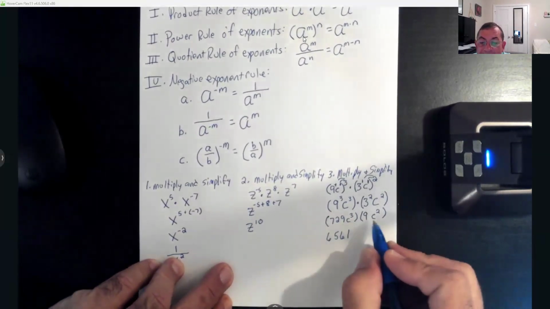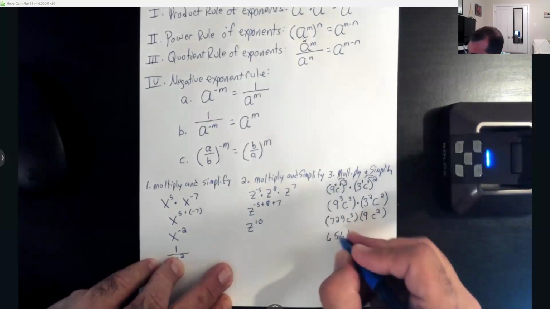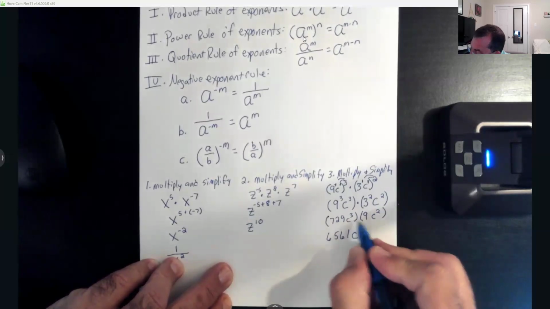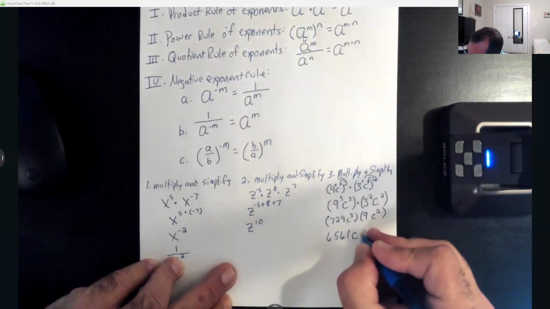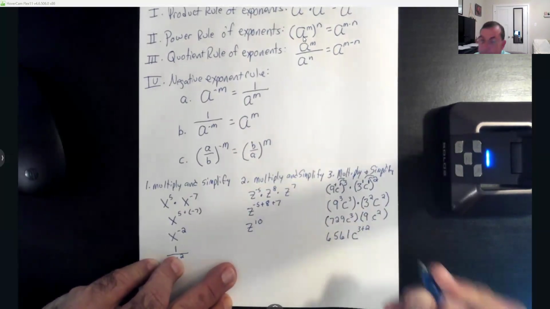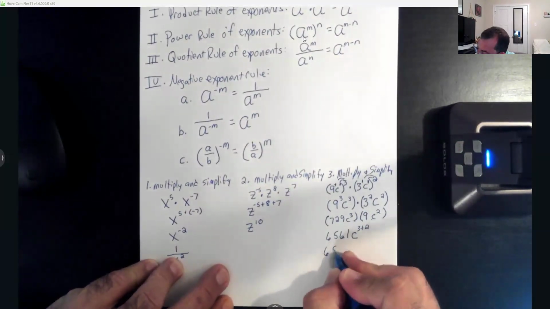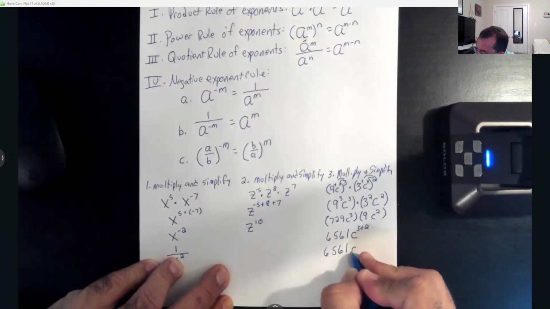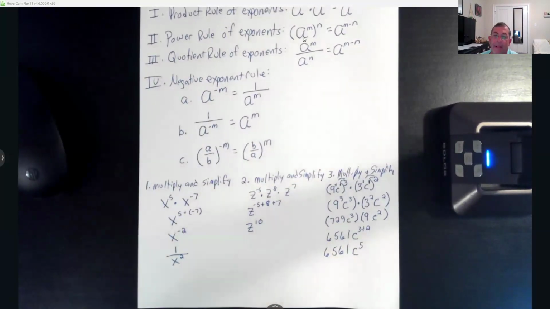On my c's, when I multiply c, I'm going to be adding the exponents. Because remember, c times c goes back to our product rule up here. So that'll give me c to the 3 plus 2. All right, so I get 6,561 c, 3 plus 2 is 5.